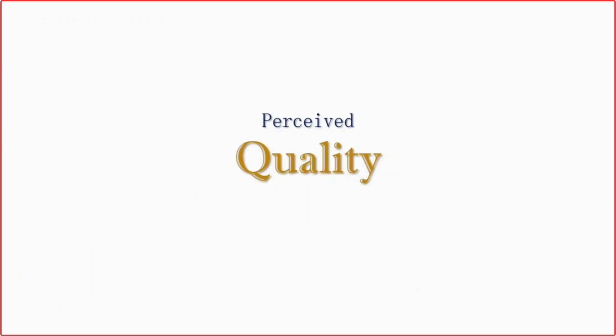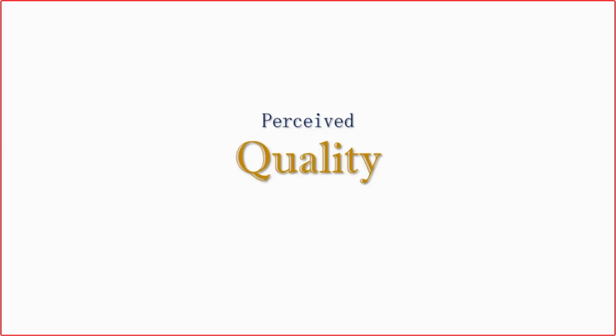Now the last basic dimension of quality is perceived quality. Every user, whether they are purchasing a matchbox or any other product, is expecting certain quality. So when any investment is made on the product, everyone is expecting quality. It is the basic dimension which is expected by all users.